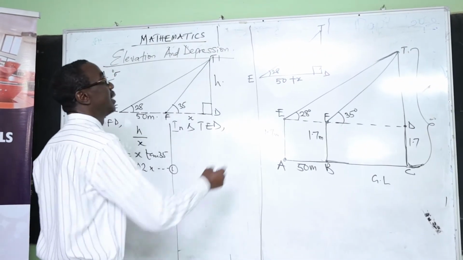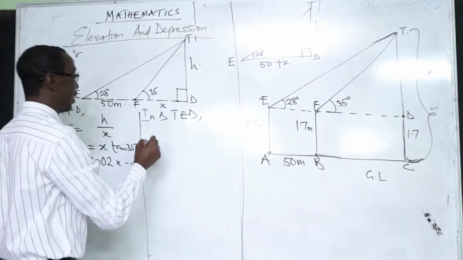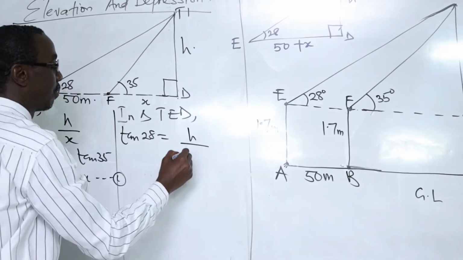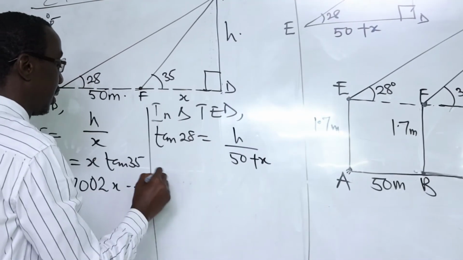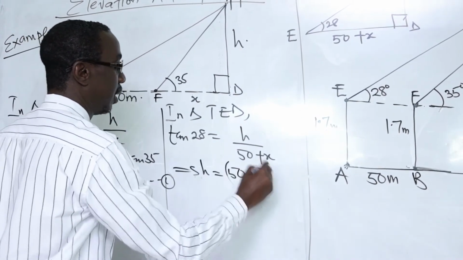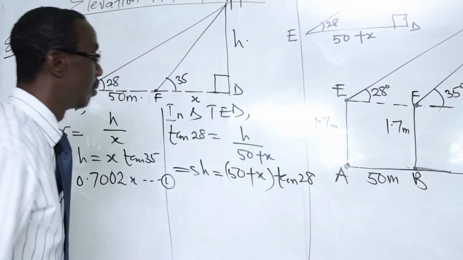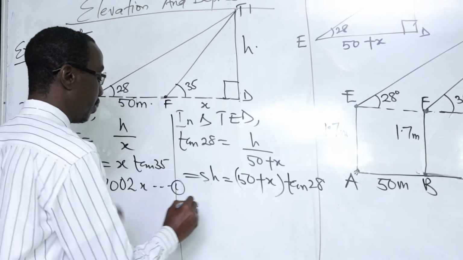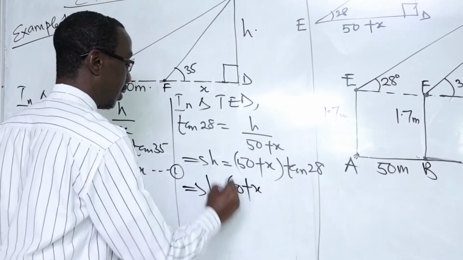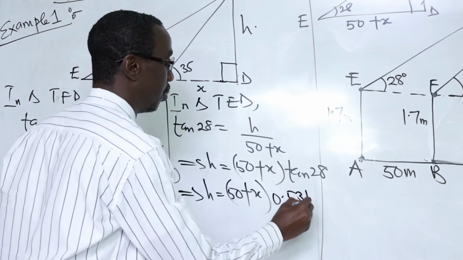So opposite, this place is CH. Opposite over the adjacent, you have tan 28 is equal to h over 50 plus x. It implies that h is equal to 50 plus x into tan 28. So h is equal to 50 plus x into 0.5317.